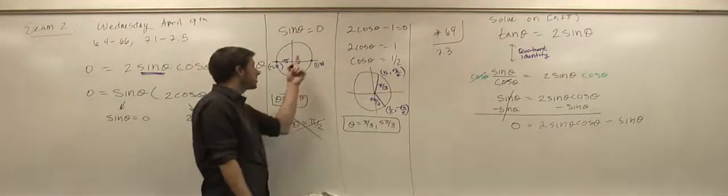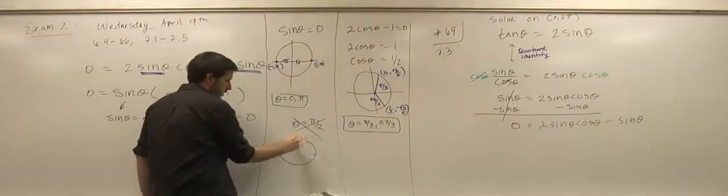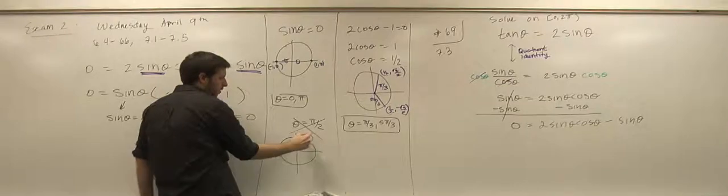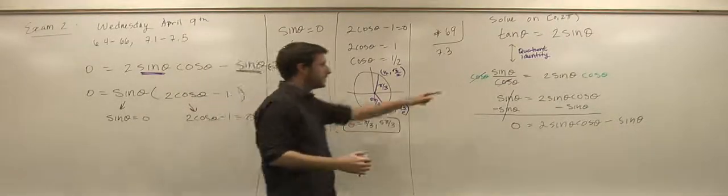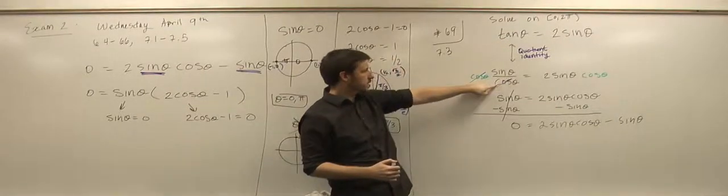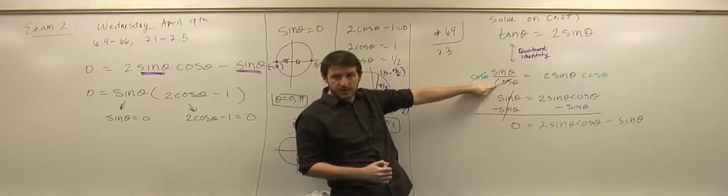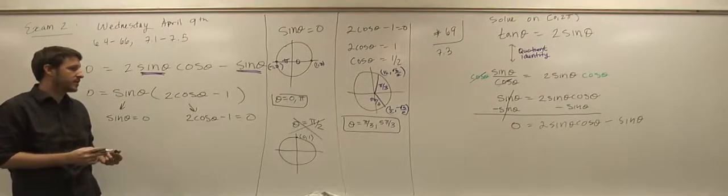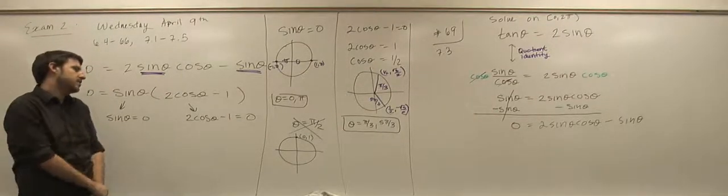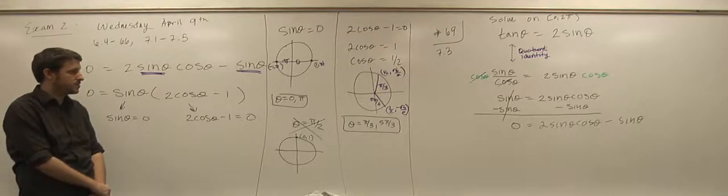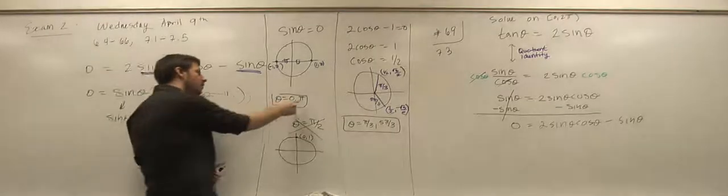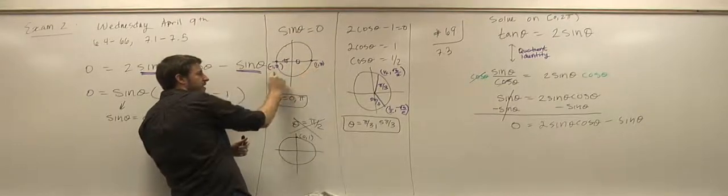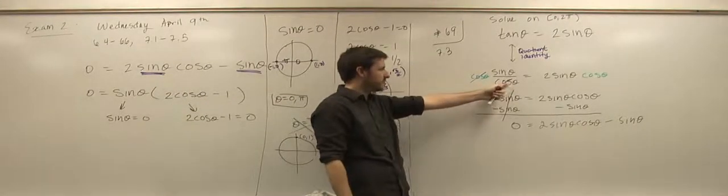Because cosine is going to be 0 when theta is pi over 2. So up in your original equation, you have sine over 0, which is undefined. So if you get an answer that makes your original equation undefined, you have to cross it out. It's extraneous. It doesn't happen all that often, so you're aware. But that's what I was saying. Over here at 0 and pi, cosine's fine, it's 1 and negative 1, so this denominator doesn't have any trouble.